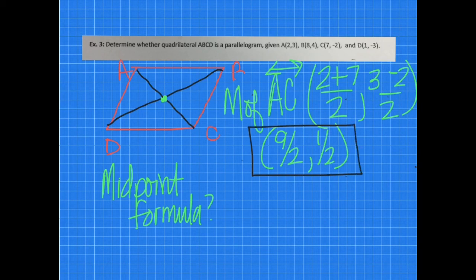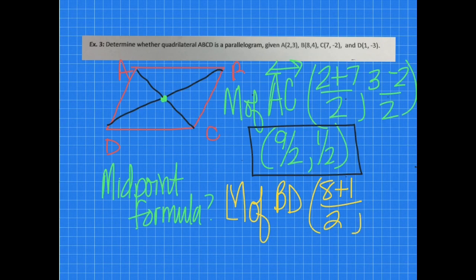So if this is in fact a parallelogram, the diagonal DB will also intersect, its midpoint will also be at 9/2, 1/2. So let's check that. The midpoint of BD, let's see, what are those points? So B is the x-coordinate, x is (8 + 1)/2.